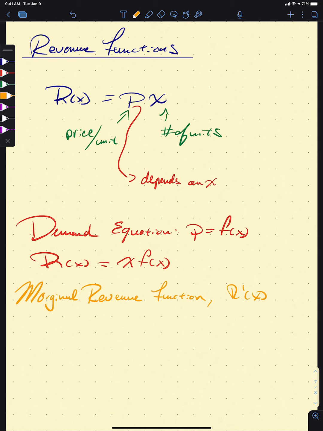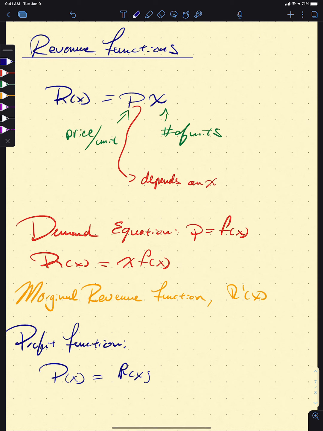And then finally, using this revenue function, we can define a profit function, and we can define this profit function exactly how you would expect. R of x minus C of x.